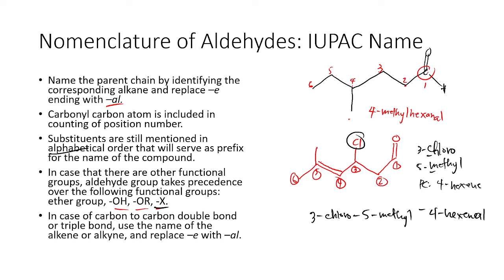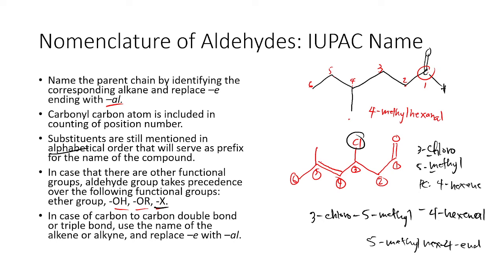4-hexenal. Okay? In other references, pwede actually maging ma-breakdown pa yung hexenal. So instead na 4-hexenal lang yung nakalagay diyan, some may write that as instead of 5-methyl 4-hexenal, that will be 5-methyl hex-4-enal.